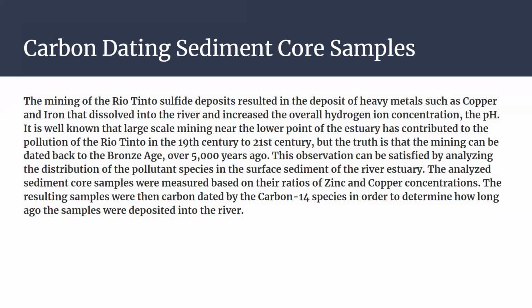This observation can be satisfied by analyzing the distribution of the pollutant species in the surface sediment of the river estuary. So this kind of makes us think how back in the Bronze Age they were able to accomplish these feats, like how the Romans had such advanced technologies, like how we see mining today.